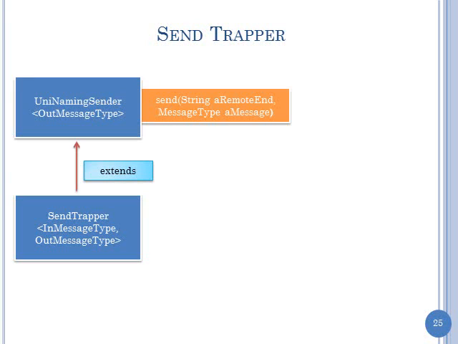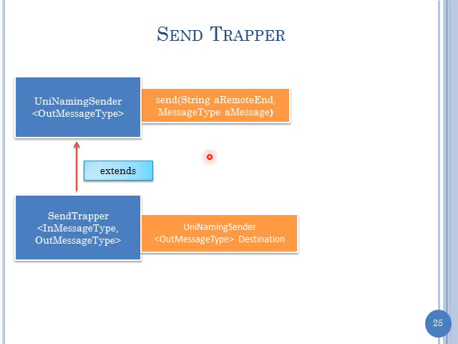Okay, so my send trapper, and here's an interesting thing. My send trapper is an extension of a naming sender. So a unique naming sender is something that indicates a unique destination for a message. Okay? And my trapper is also a producer, also a consumer. It has the same interface, so it can also send.